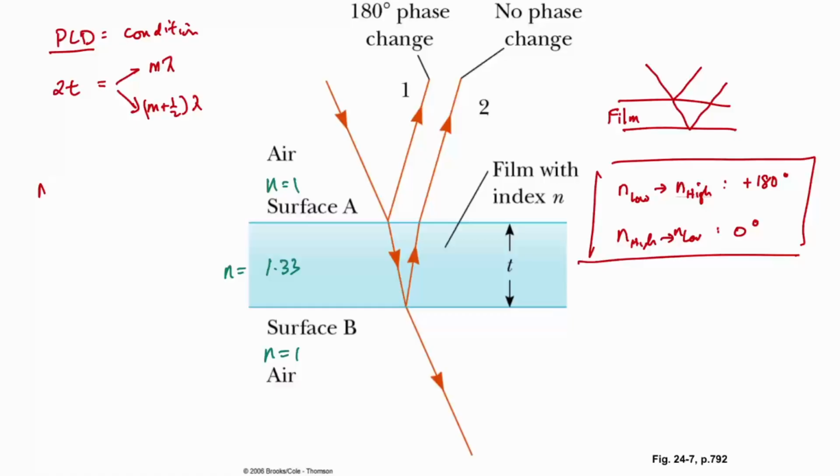M lambda and m plus a half lambda are always consistent in what they do. What they do never changes. Okay?